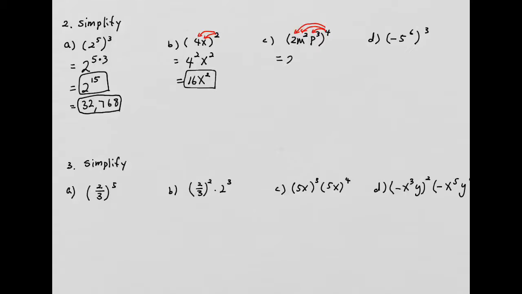So you get 2 to the 4th exponent, m squared to the 4th, which is the same as multiplication, so it will be 8, and p cubed to the 4th exponent, so you multiply, that gives you 12. 2 to the 4th exponent is going to be 16.